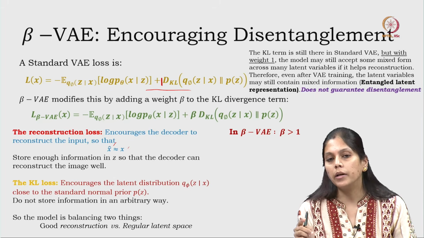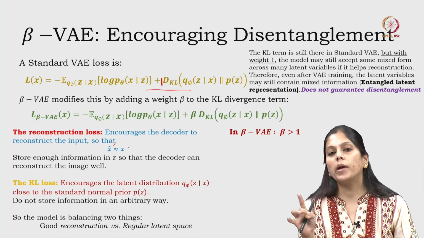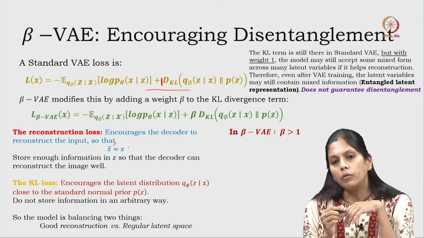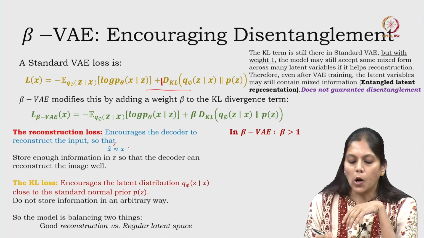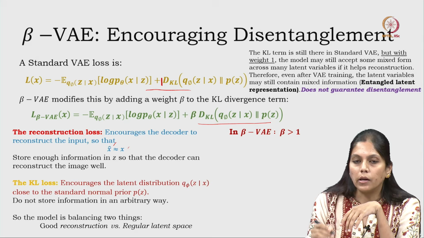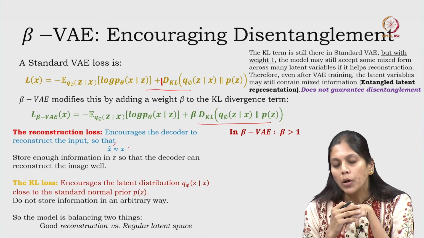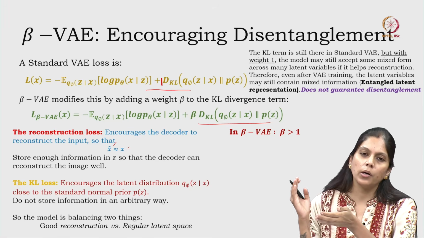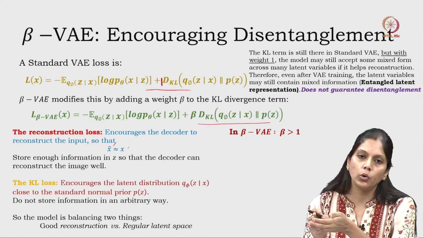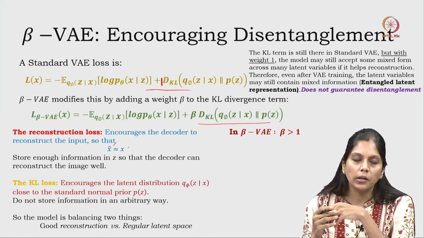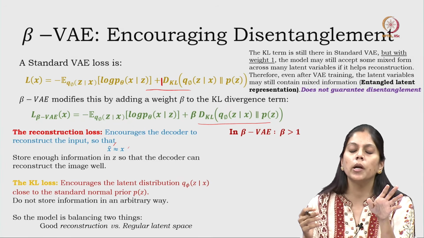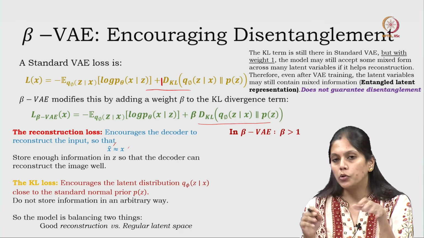Right? In Beta-VAE, beta value will always be greater than 1. Now, just imagine what will happen if beta value is greater than 1. Is it not that more importance is given to the KL divergence here? When more importance is given to this, is it not that a little extra pressure is given to the model? What is that pressure? The pressure is definitely that the encoder distribution should follow the prior distribution.